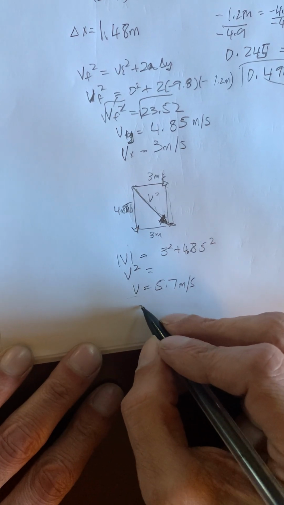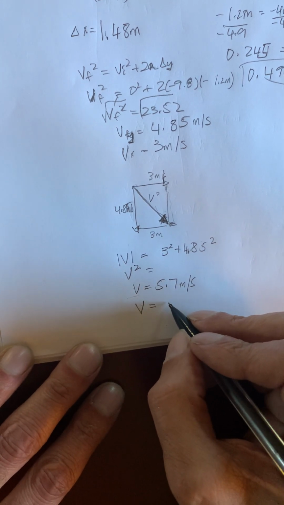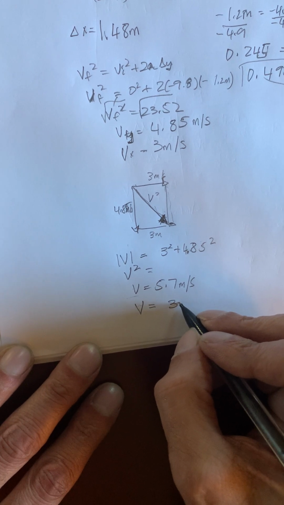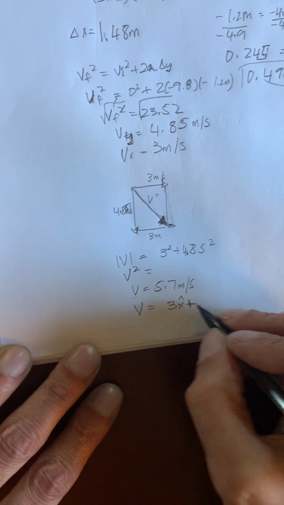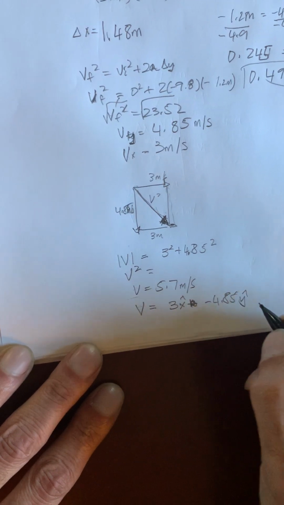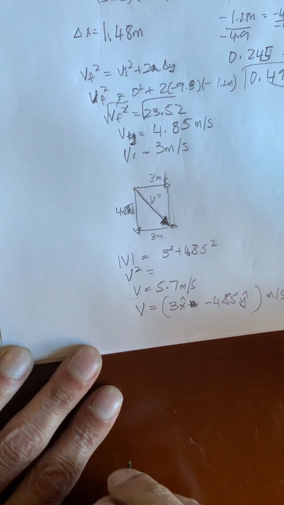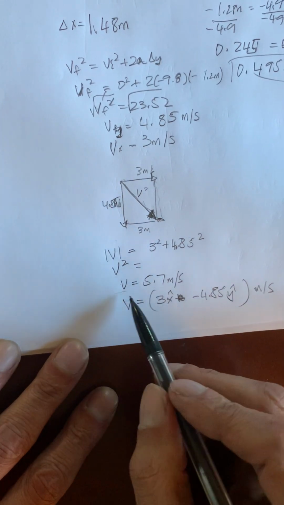For on-ramp kids, you could write your V as equal to 3 x hat meters minus 4.85 y hat meters per second. That would be your vector form, but for the rest of you, that's how you can find the speed.